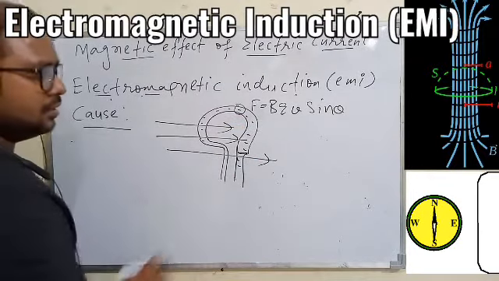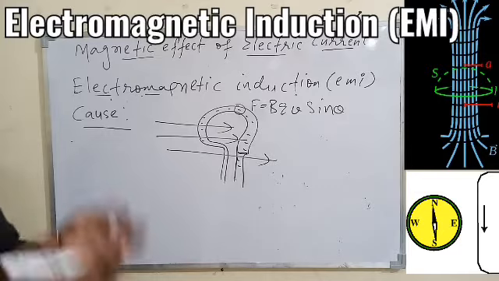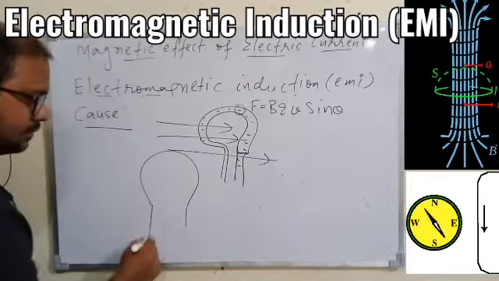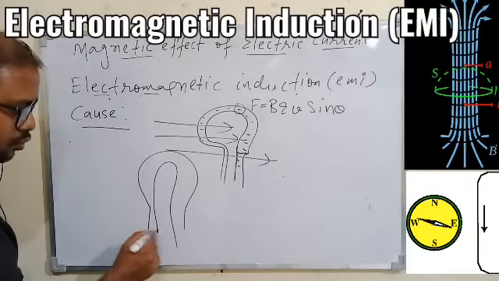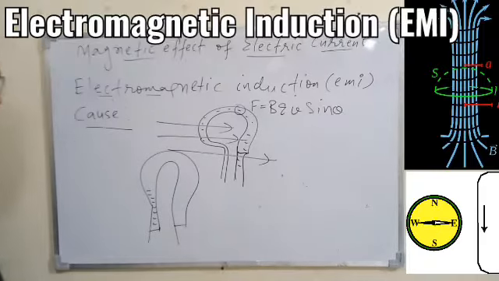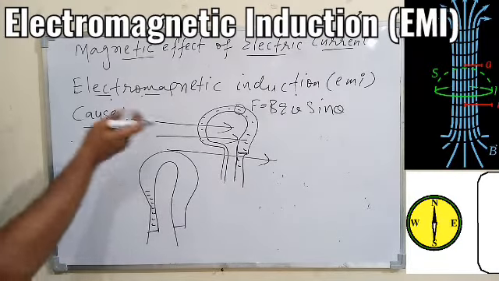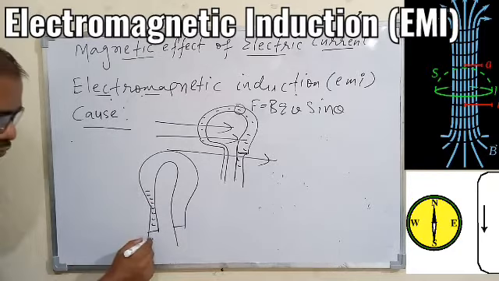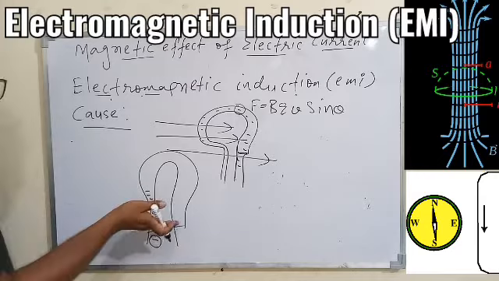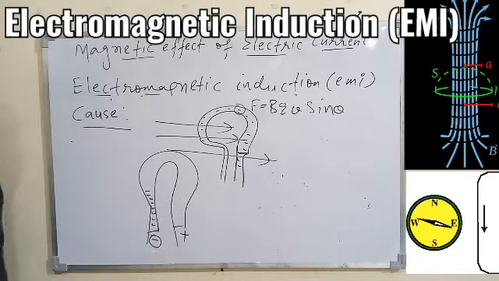So finally, because of the force experienced by the free charges in the magnetic field, it is possible that all the electrons will shift in one direction. In a given conductor the electrons will be shifted in one direction, so this becomes the negative part of the conductor, and as the electrons move from this side to the other side, this part becomes positive.